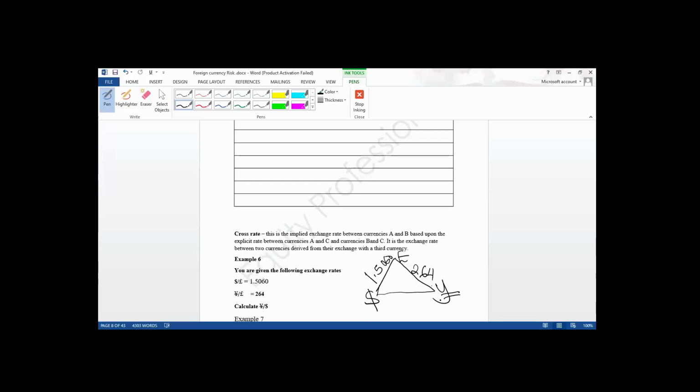If you are required to calculate Japanese yen to dollar, that becomes cross rate: the implied exchange rate between Japanese yen and United States dollar based upon their relationship with pound sterling.